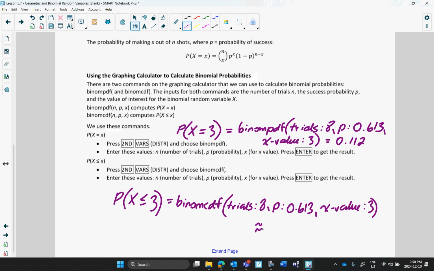And I suggest you try it on your calculator, just so you are comfortable with doing it. What you got? Yeah, 0.154, or 15.4%.